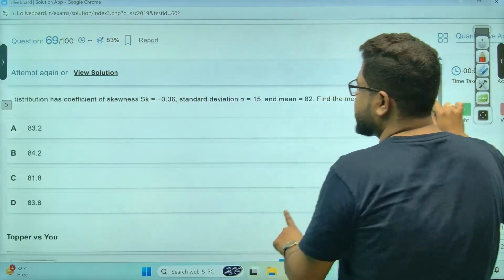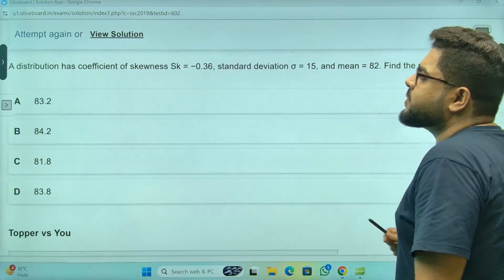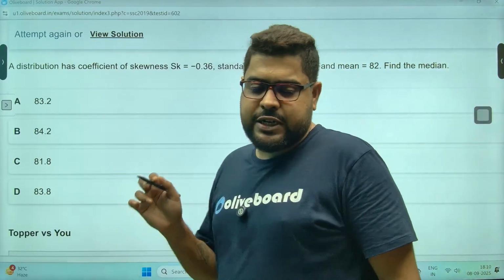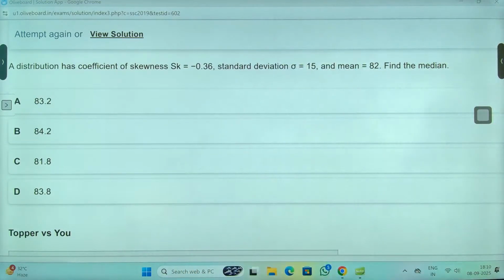Let's do it quickly. Okay, coefficient of skewness. How many of you have done this? Just give me a second.